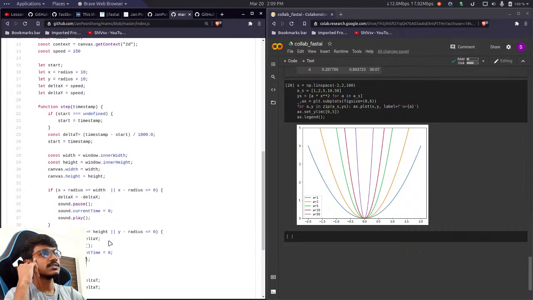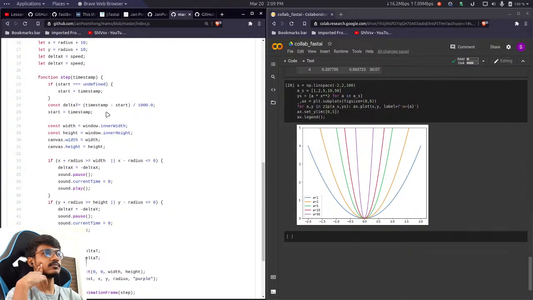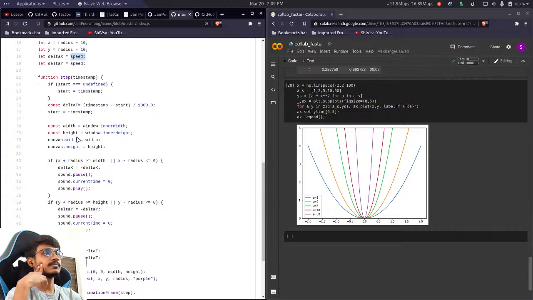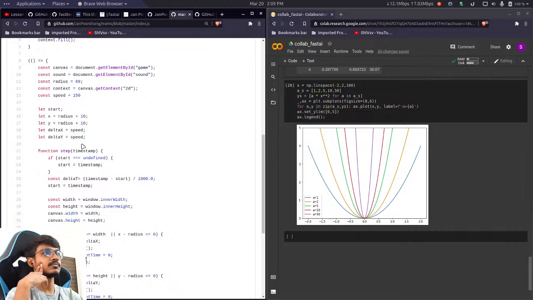So why does it get stuck at the edges? If start is equal to times 10, delta x is equal to speed. So if we pass negative speed, then it goes in the opposite direction, right? So it starts out as 150.